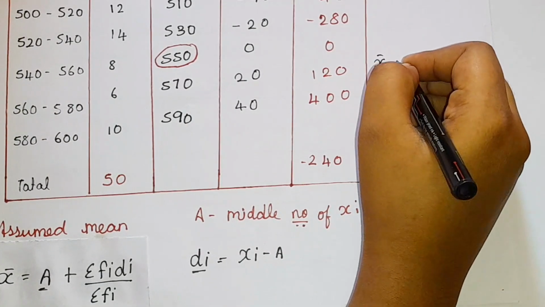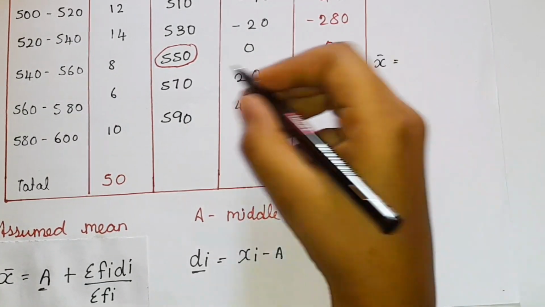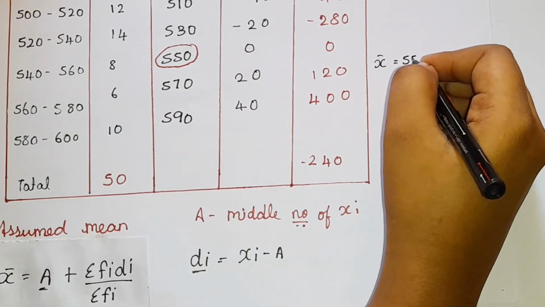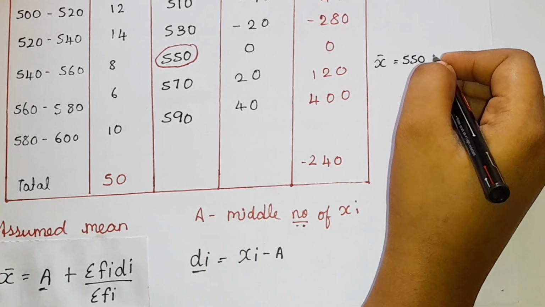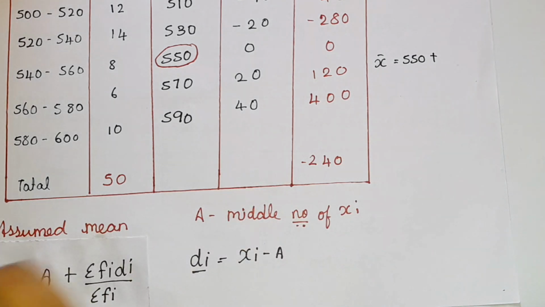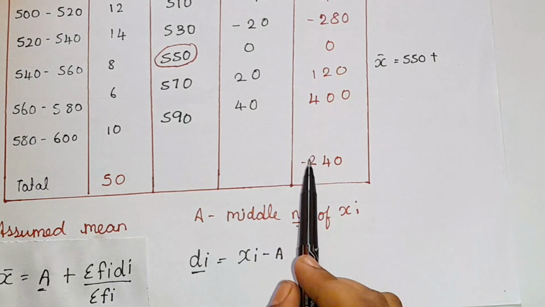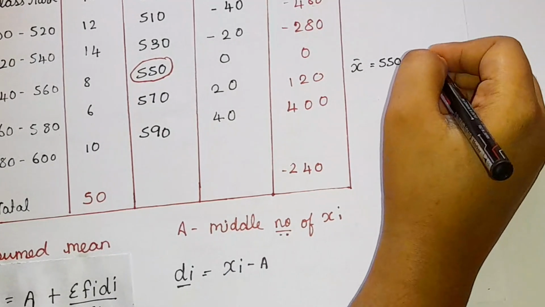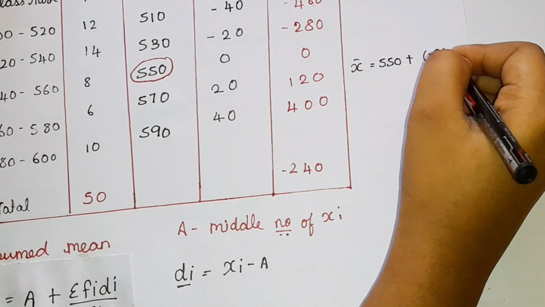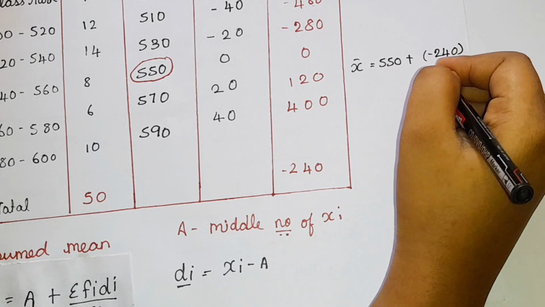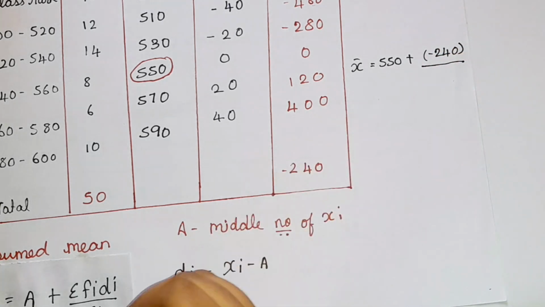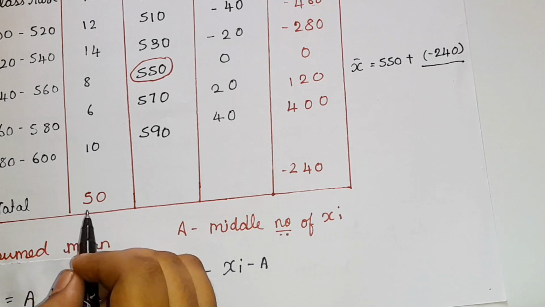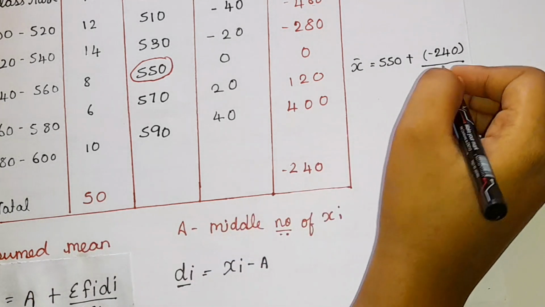So x bar is equal to average 550, plus sigma fi di. When we did the total, we got minus 240, and then divided by sigma fi. The fi value is 50.